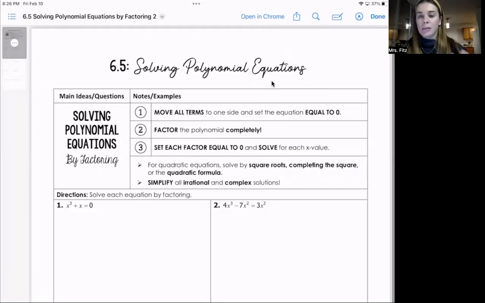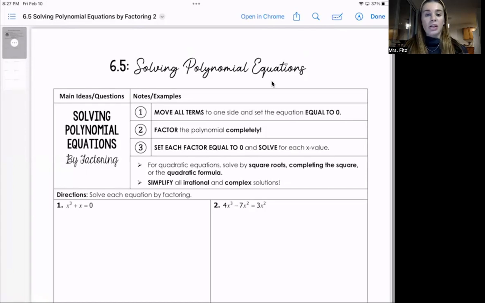So here are just some general guidelines for solving polynomial equations. Step one, you always want to start by moving all terms to one side of the equation. Make sure it's set equal to 0 first. Then factor the polynomial completely. Finally, we use our zero product property, and you can set each factor equal to 0 and solve for each x value.